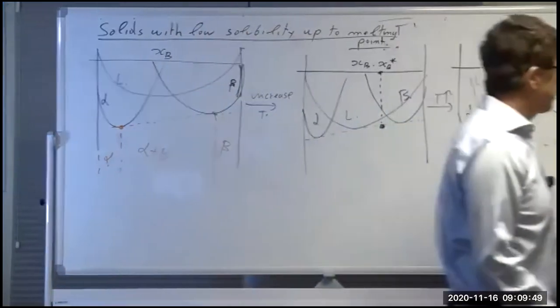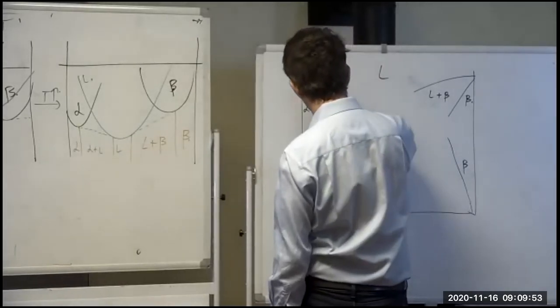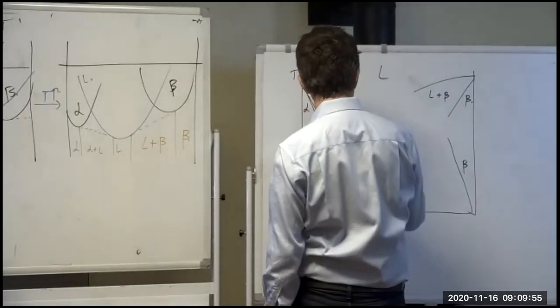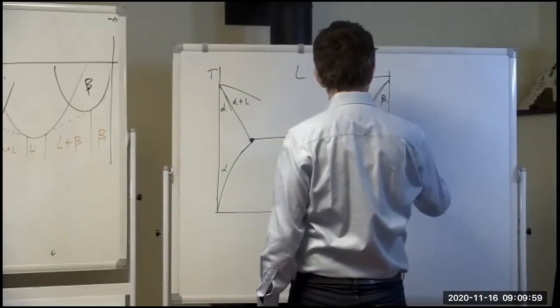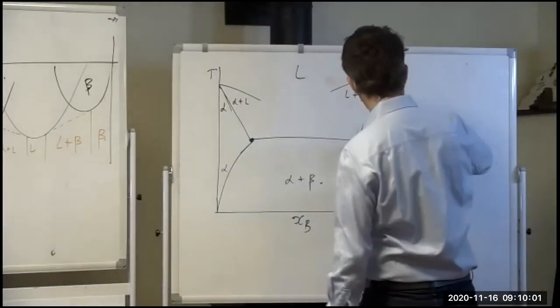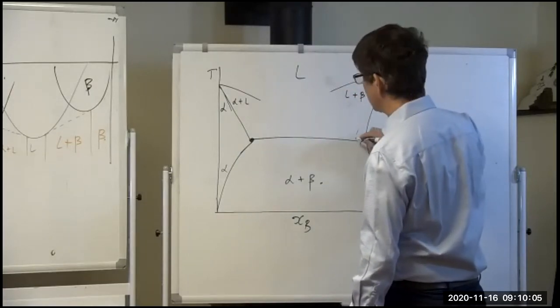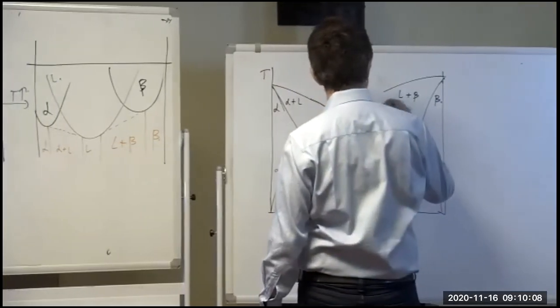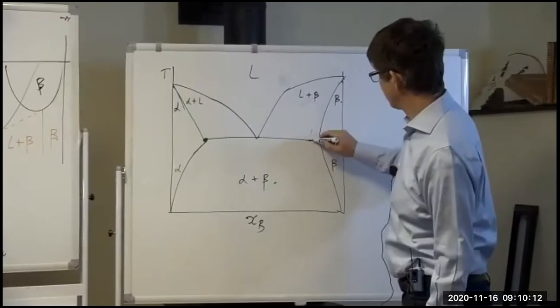So how do you connect this? Well, you basically just extend these, and you know how this is going to look. This looks like what's called the eutectic phase diagram. Oh, it's a very bad drawing here. Okay, looks approximately correct.